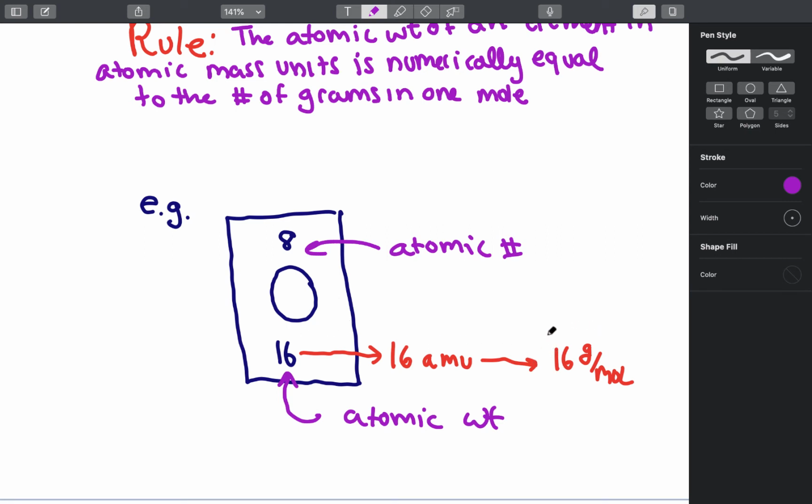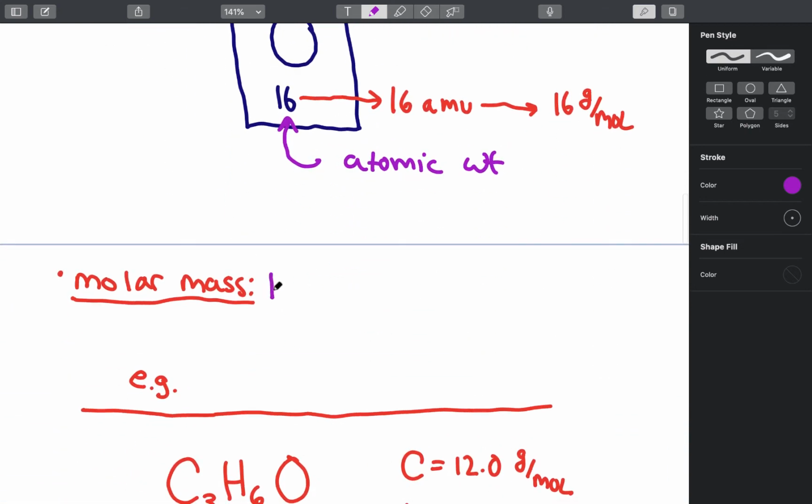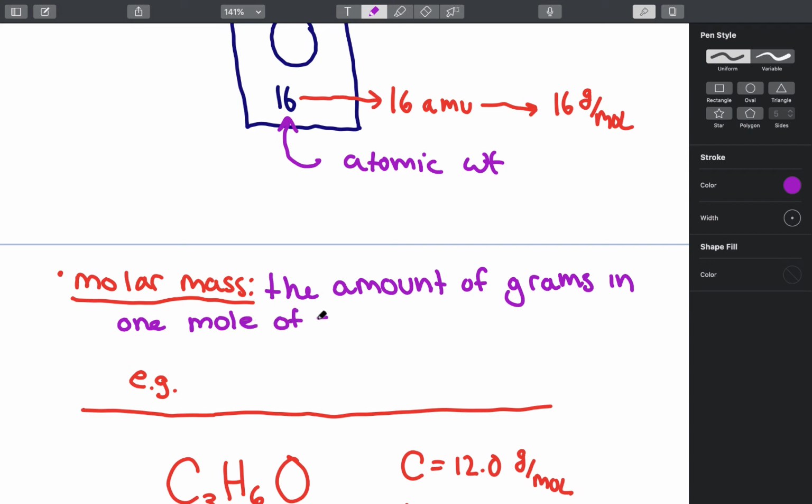So the molar mass of oxygen is 16 grams per mole. The molar mass is the amount of grams in 1 mole of substance.